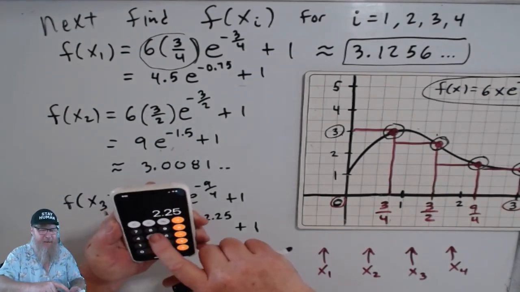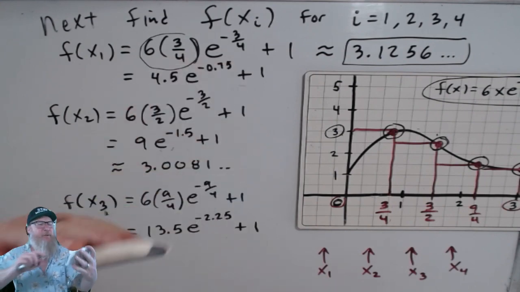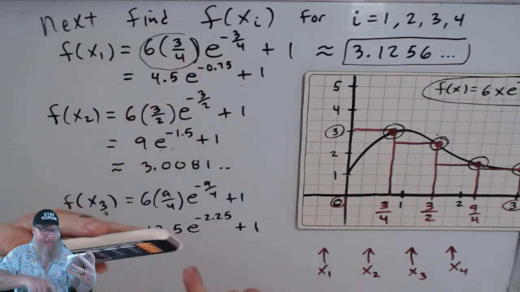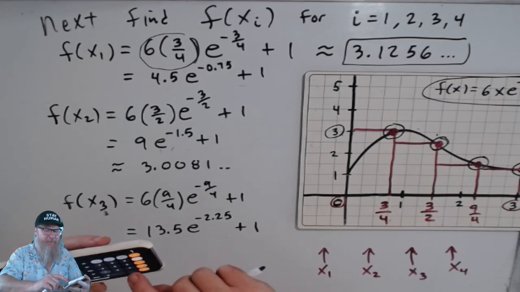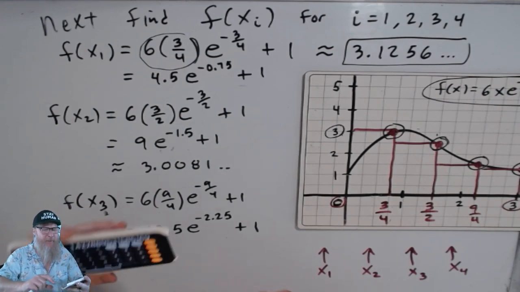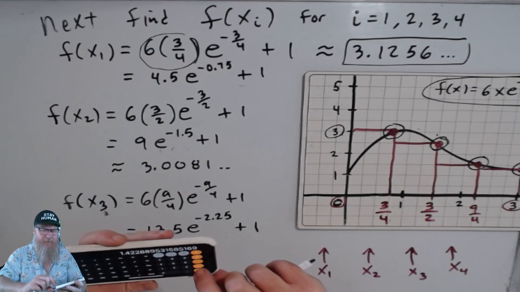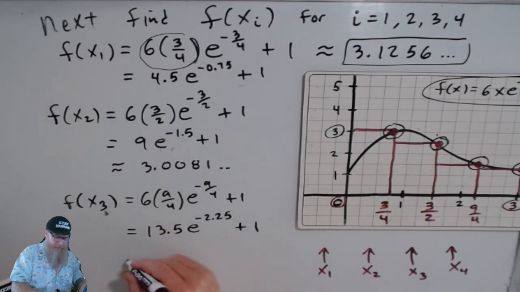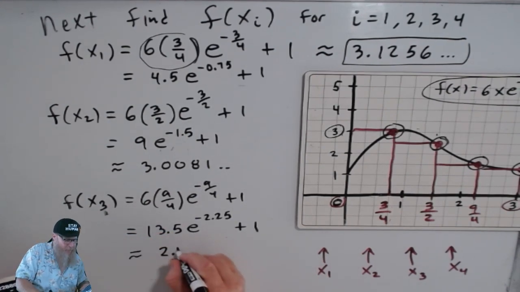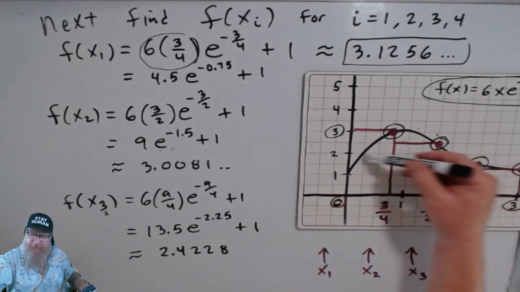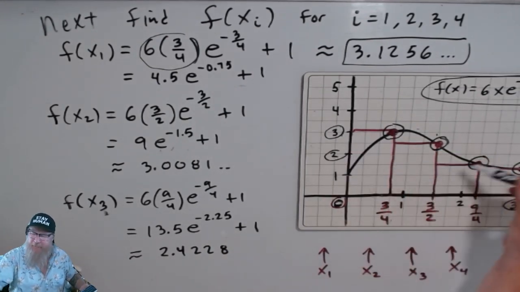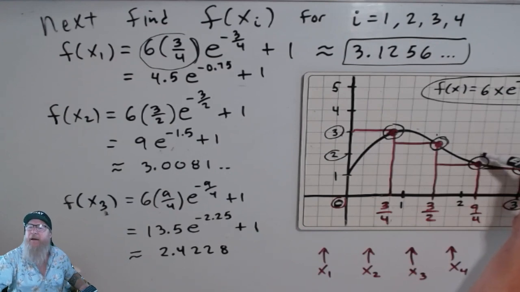So take negative 2.25, do e to that, multiply by 13.5, and then plus 1. So that's 2.4228. Again, my graph's a little bit off. This dot should have been a little bit higher.